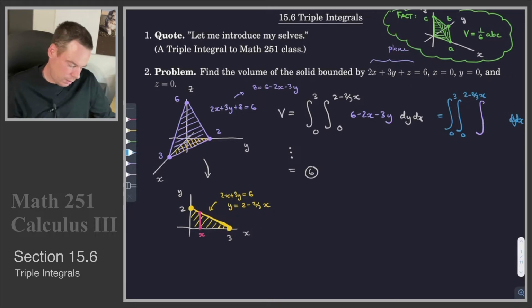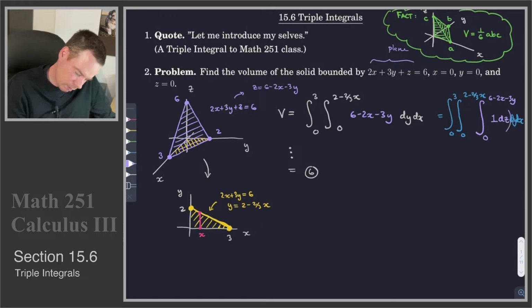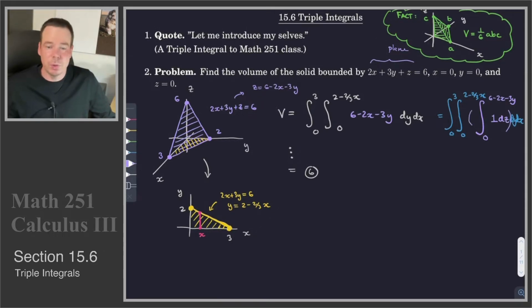But then that integrand inside, 6 minus 2x minus 3y, I could look at that as the integral from 0 to that same thing, 6 minus 2x minus 3y, of the integral of 1 dz. And so that innermost integral, in parentheses, just evaluates out to be this integrand.